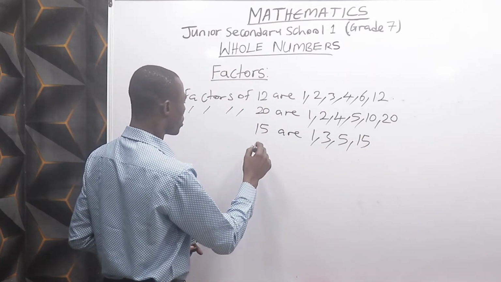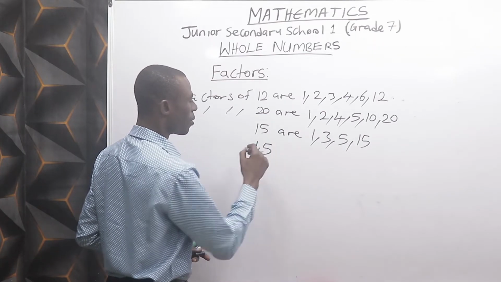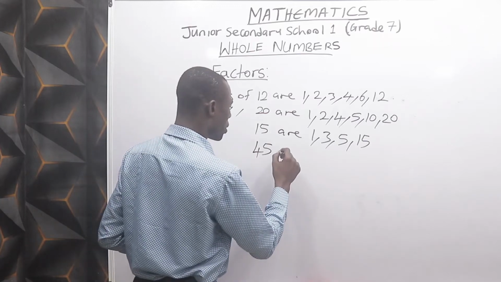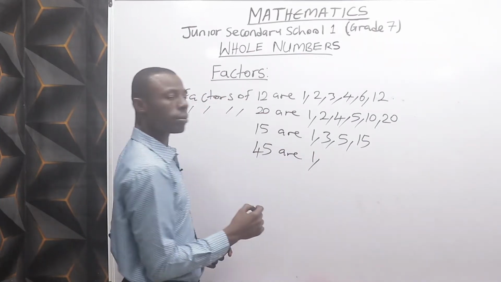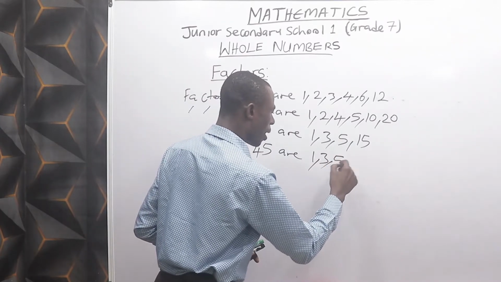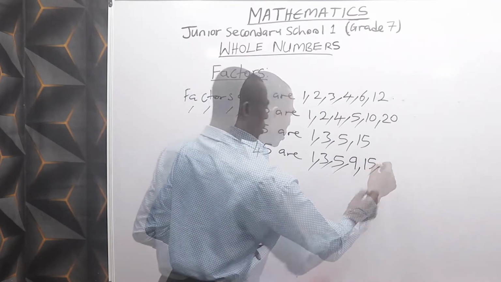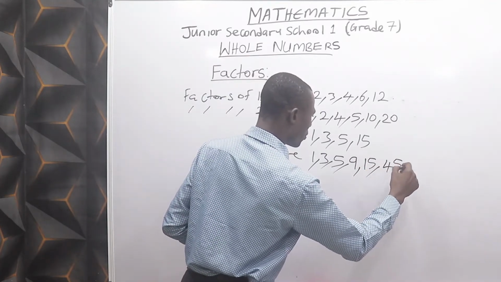And lastly on it, let's consider factors of 45. Factors of 45 will be 1, 3, 5, 9, 15, and 45.